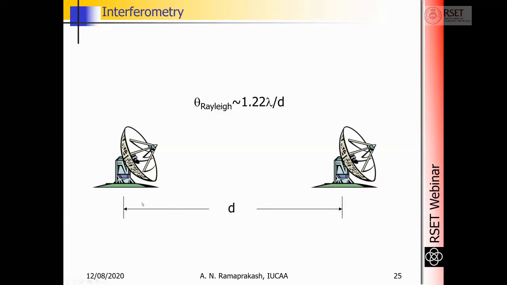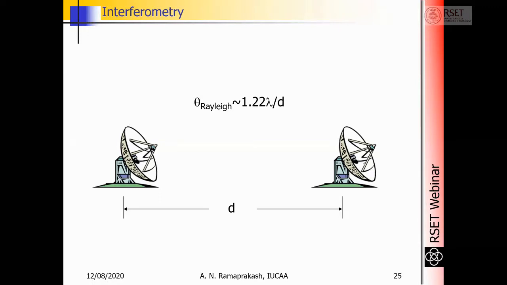Then by combining the light from these radio telescopes in a precise way, instead of being limited by the resolution corresponding to the diameter of each dish, the resolution will now depend on the separation between these 2 dishes. So if these dishes can be separated by hundreds of meters, then the fine resolution you can achieve will be much, much better than that achieved by the diameter of the individual antenna, individual telescope.